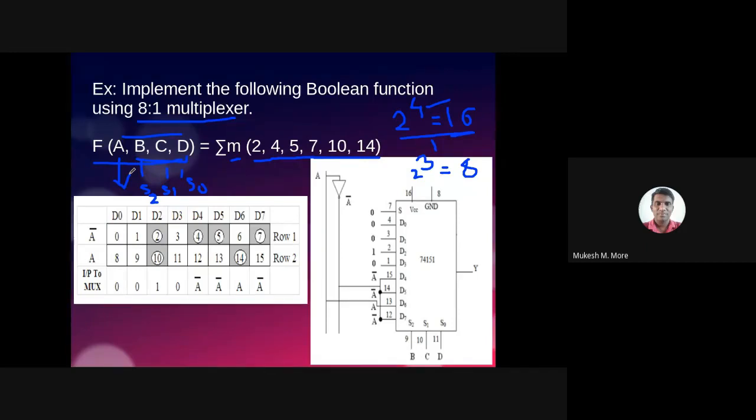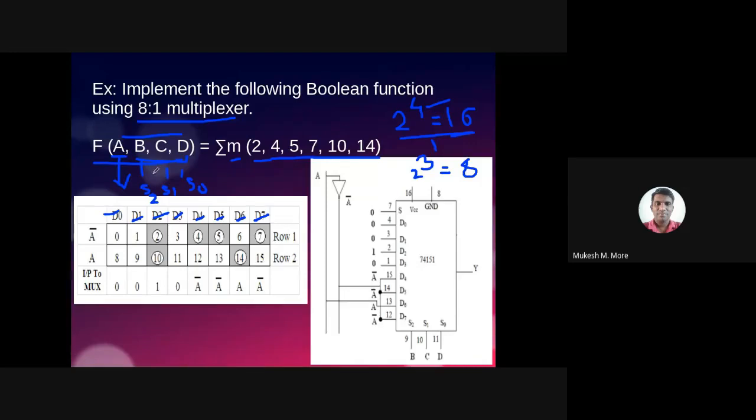So first of all, you have to make this table, having inputs D0, D1, D2, D3, D4, D5, D6 and D7. Each variable has only two values.